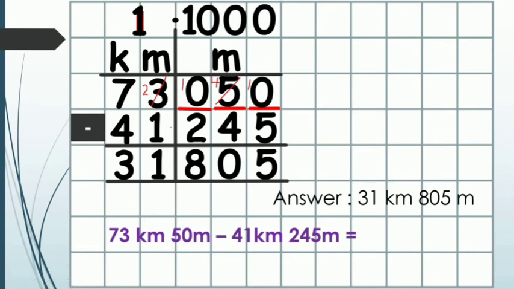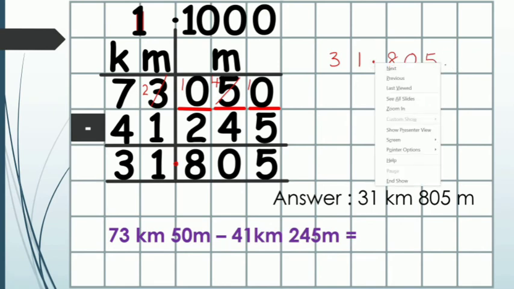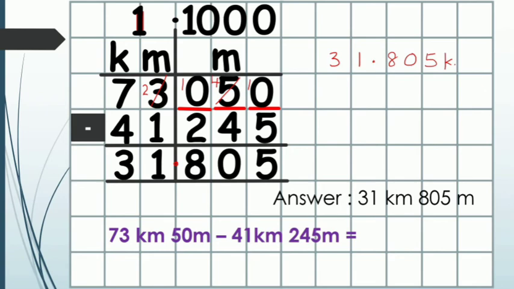Okay, what do you know about the decimal point? When we put the decimal point here, it is 31.805. When we write the answer with the decimal point, what unit will be involved in this question? Yes, it shows you kilometer, the biggest unit.